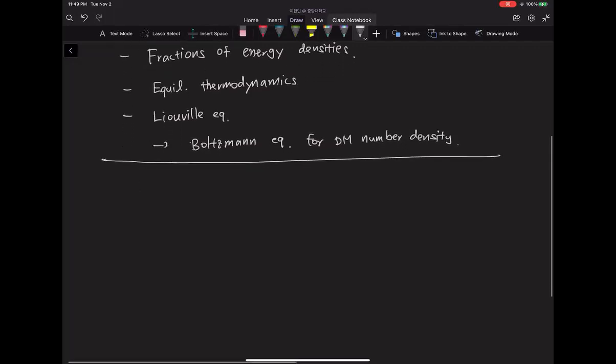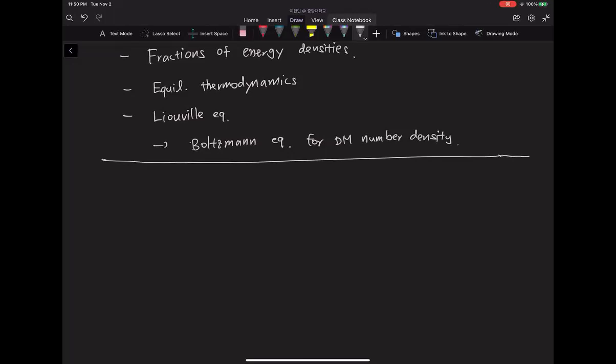I think in modern cosmology, we have the best probe for the early universe from the cosmic microwave background and the galaxy surveys, and also supernovae, etc. We have various probes to determine the cosmological parameters.